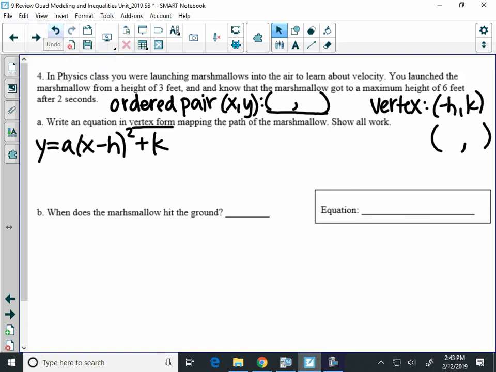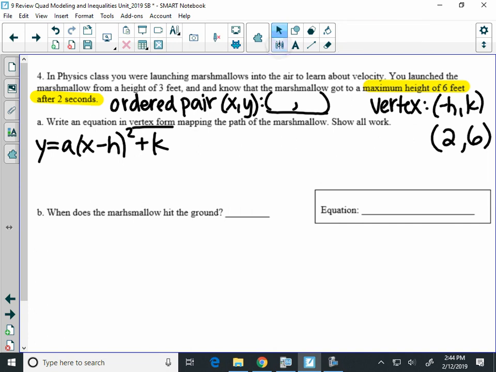All right, so we need to find what is the ordered pair and what's the vertex. I think the vertex is the easier one to find here because it tells me that the marshmallow gets to a maximum height of 6 after 2 seconds. So my vertex here is going to end up being 2, 6. The time is the x, and the height is this y value of the vertex. All right, so that vertex is going to be really important to us in a minute.